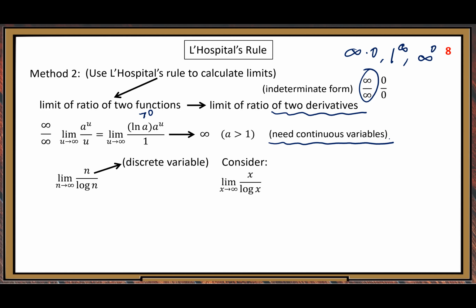When we calculate the limit, x goes to infinity, and x changes continuously, so it's a continuous function. In the original problem, we're not allowed to make any change continuous, only discrete values. That's the difference. You can treat them as two different questions, but they're closely related.